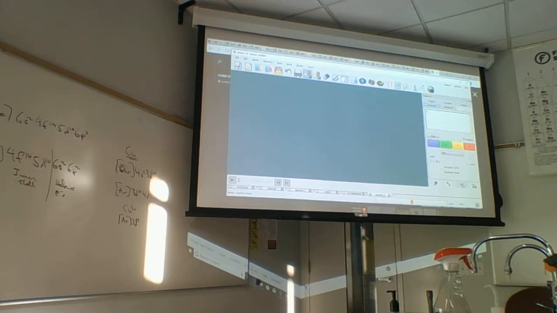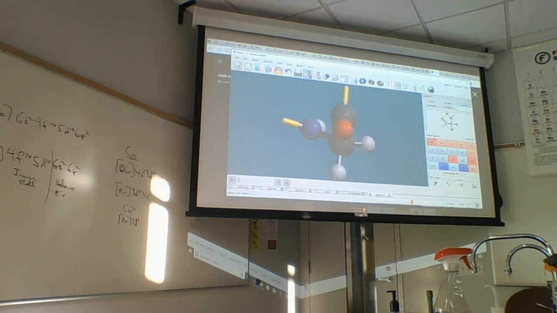Spartan has a library of this. You know what this is? This is an amino acid.